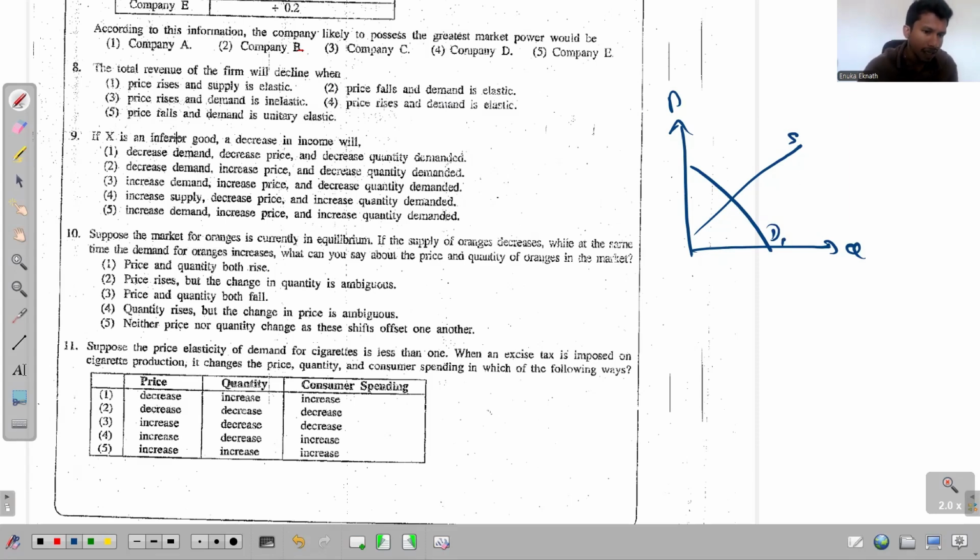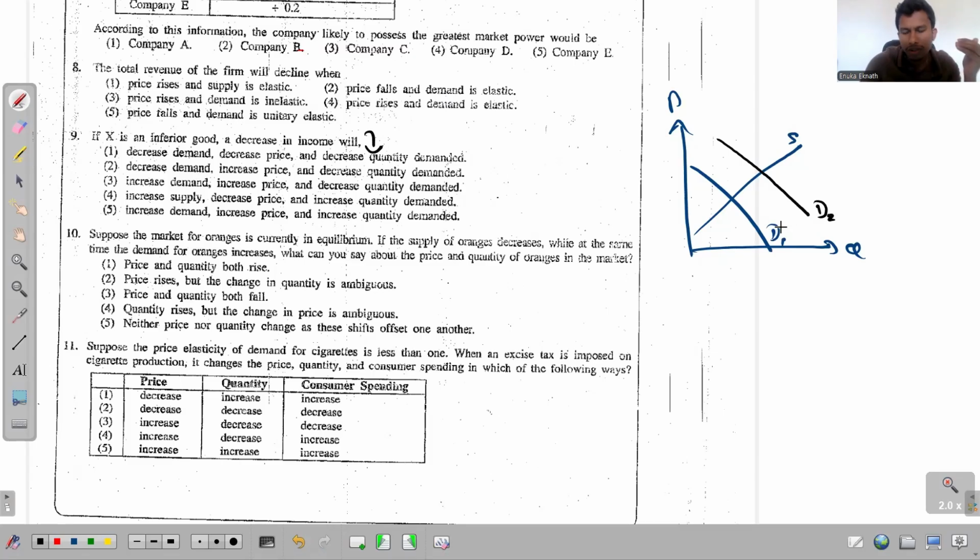This says X is an inferior good. A decrease in income will. If it is an inferior good, what normally happens is that when the income decreases, the demand for those inferior goods increases.